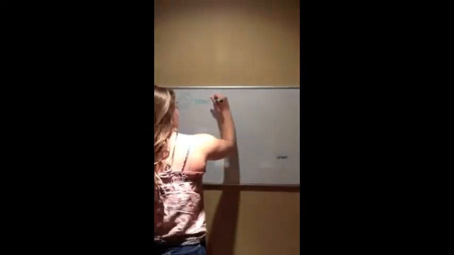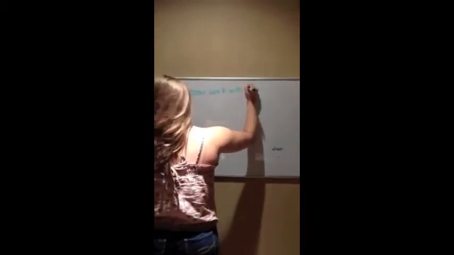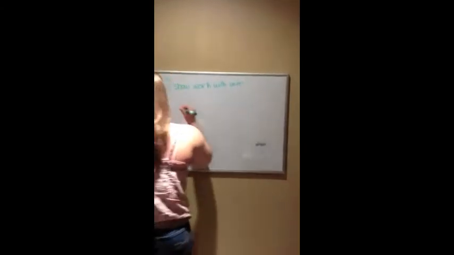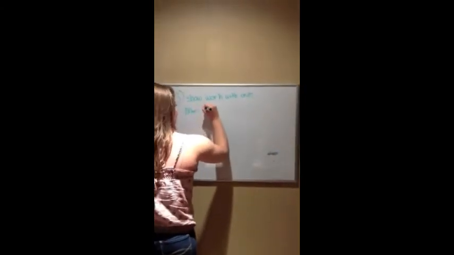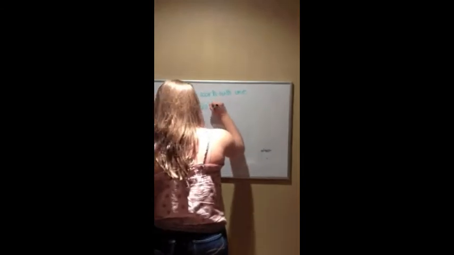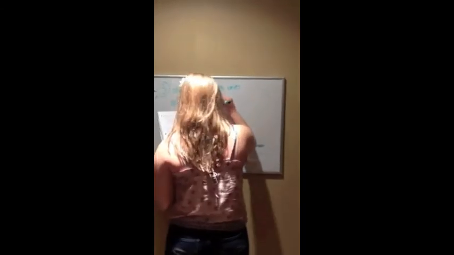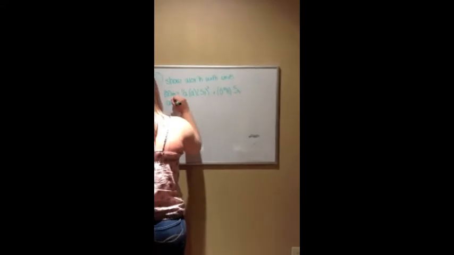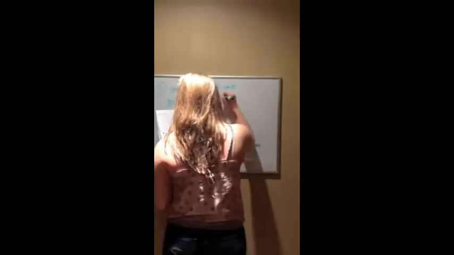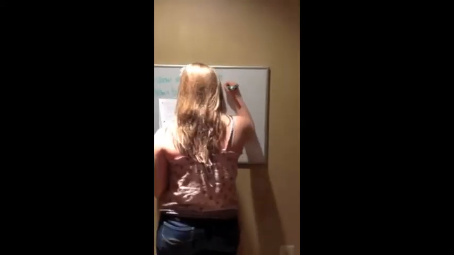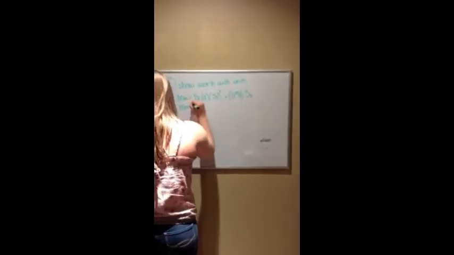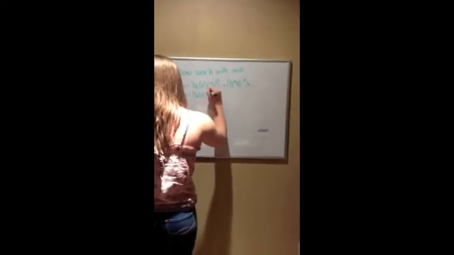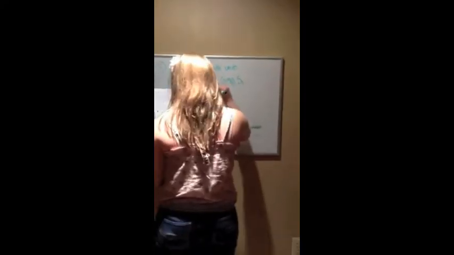Step 3. Show work with units. When we plugged the numbers into the equation, we got 100 meters equals half acceleration times 5 seconds squared plus 0 meters per second times 5 seconds. We simplified it down to 100 meters equals half acceleration times 25 seconds squared plus 0 meters per second times 5 seconds.